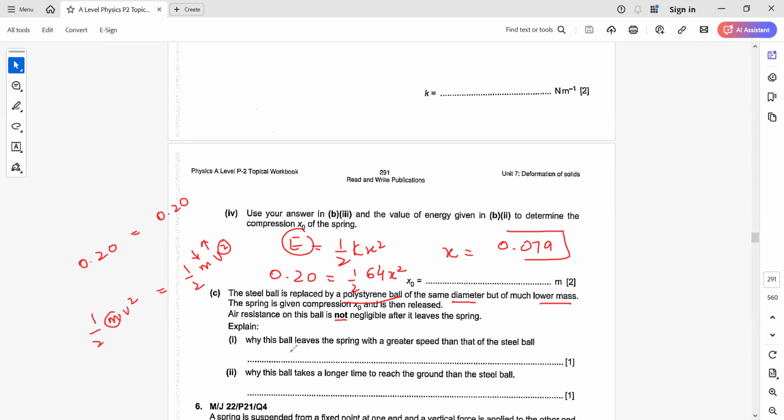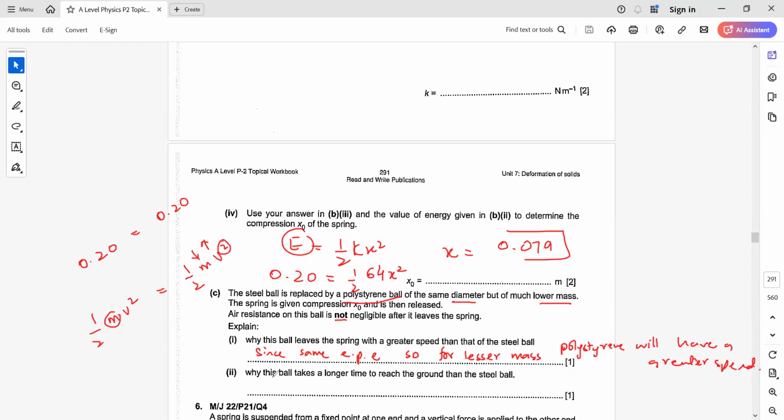So we can just write: since same elastic potential energy, for lesser mass, polystyrene will have a greater speed.